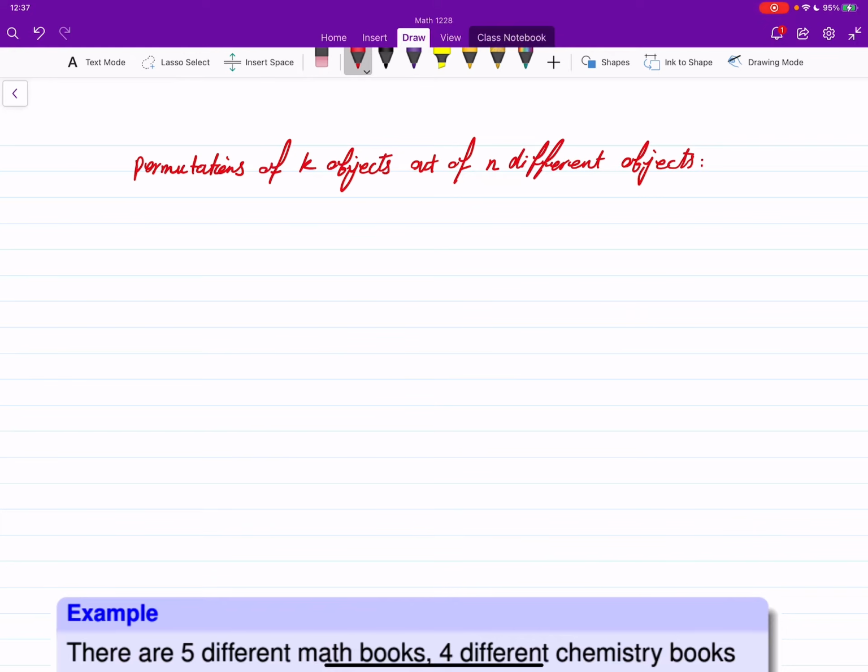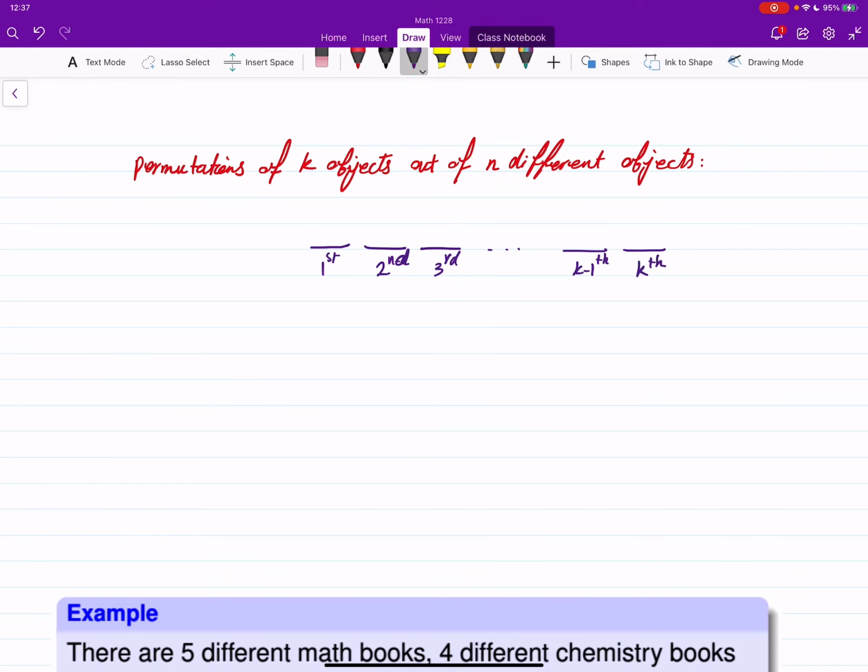Well, what does it mean? It means that the spots available will be the first one, a second one, third one, and then this will go up to the k minus 1 spot and the kth spot.